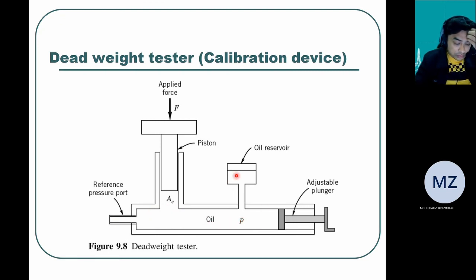It is all closed, so the pressure needs to go somewhere. The pressure will go somewhere open, for example here, and this is where we put our pressure transducer. So we know the applied pressure from this structure, and the pressure transducer that we put here should indicate the same value as the calibration amount here. That's how the calibration is done.